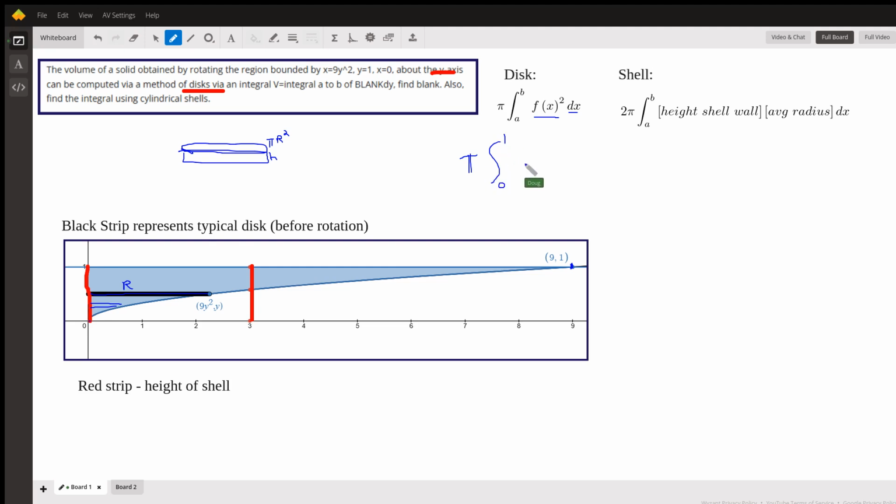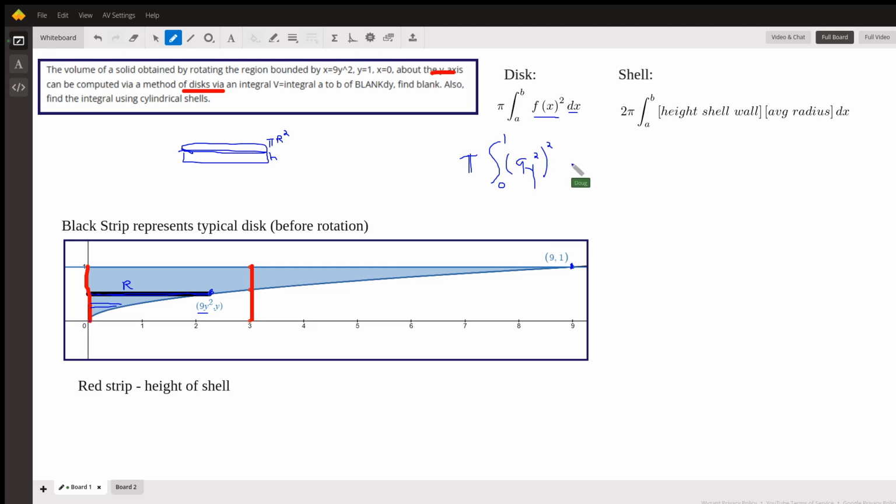We could have the pi as part of the integrand, but it's a constant, so we usually put it out front. The radius is, for each y, the distance along here, a horizontal distance, an x distance. So 9y squared is the radius. And we want to square that.